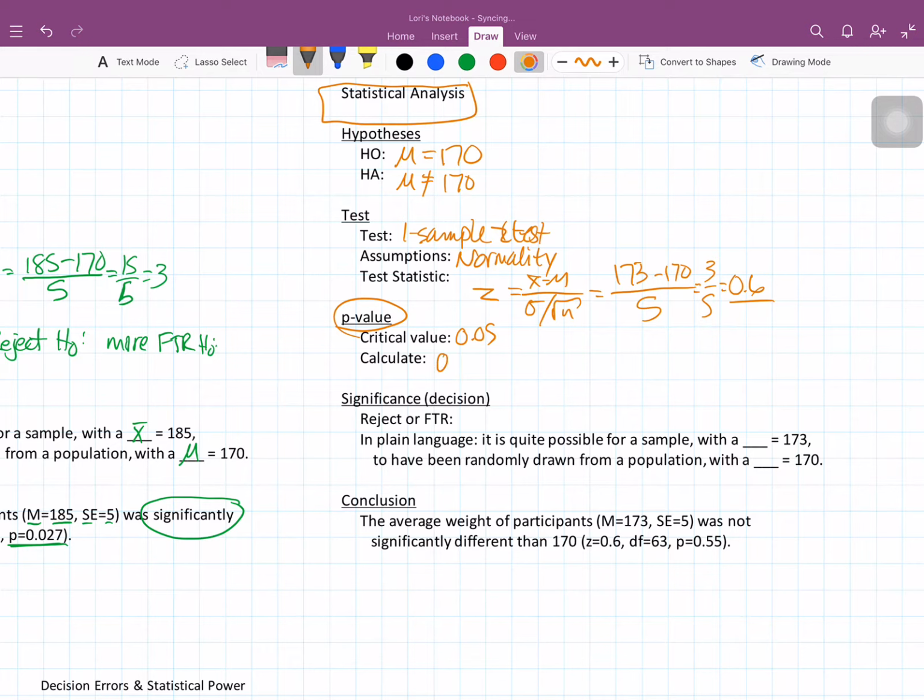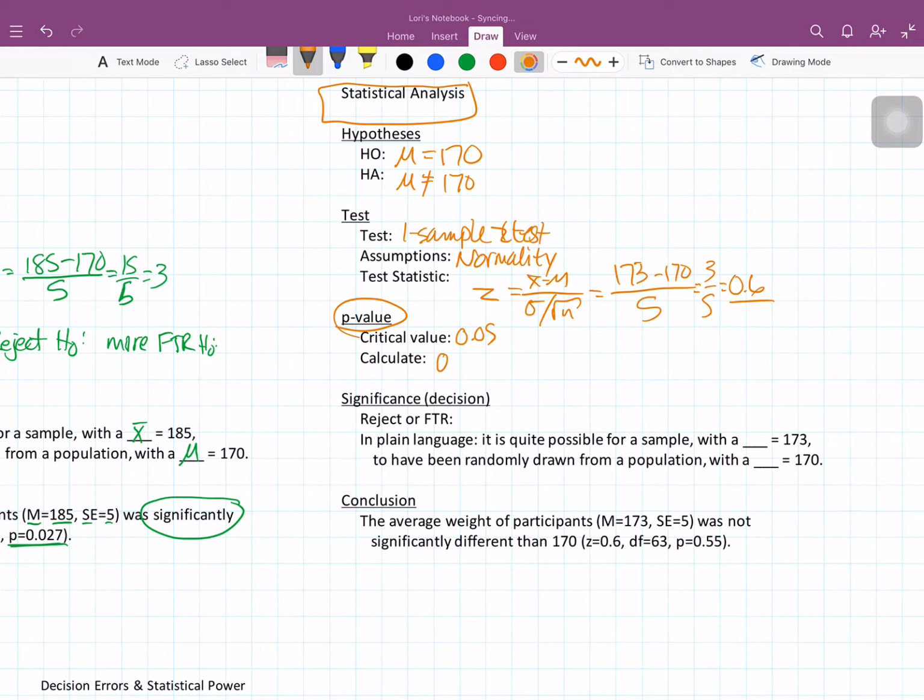Now remember, the p-value is, if the null hypothesis is true, what are the chances that we will get a z-value of 0.6 or one that is more extreme? And what this tells us is that we have a 55% chance of drawing that. That's pretty likely that we're going to draw a sample that has an x-bar around 173.